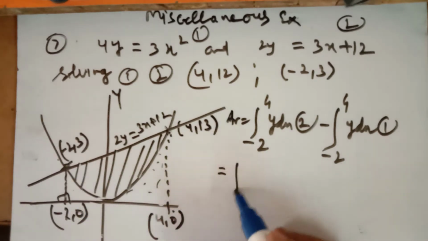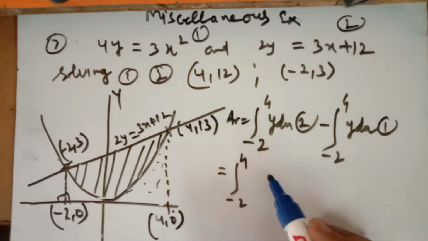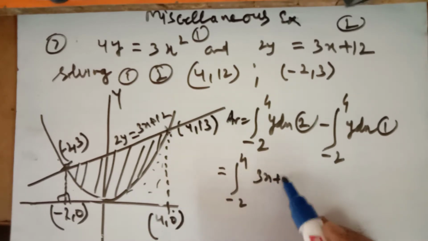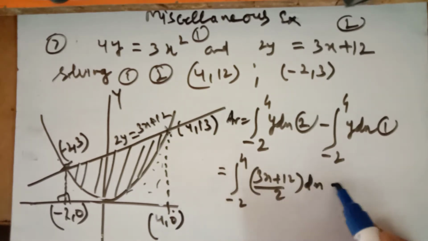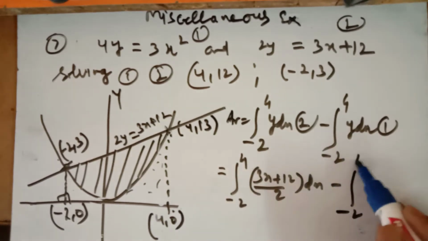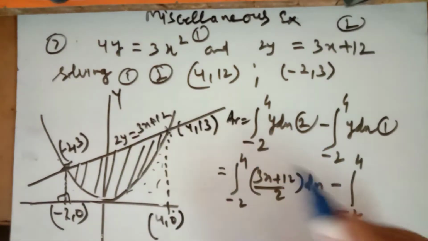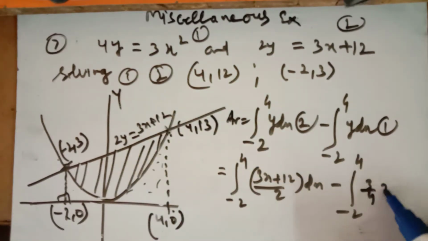Simply put the value of y of the second curve, which is (3x + 12)/2, with respect to x from -2 to 4, and y of this will be (3/4)x² with respect to x.